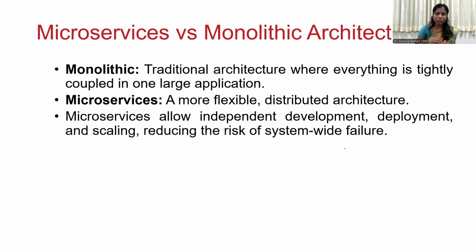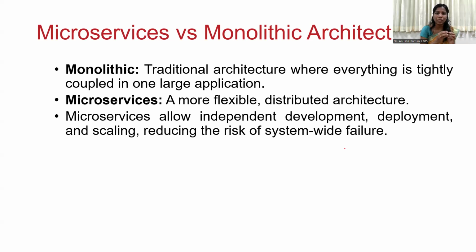Before microservices, we used another concept called monolithic. We must know the difference between monolithic and microservice architecture. Monolithic is a traditional architecture where everything is tightly coupled in one large application.